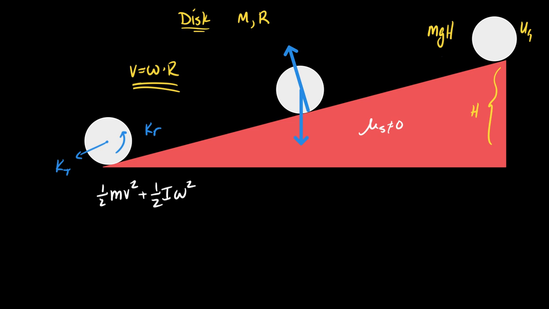It has to be in the direction that causes the object to spin, which means it has to be up the ramp. It's got to cause the spin, and it's spinning this way.